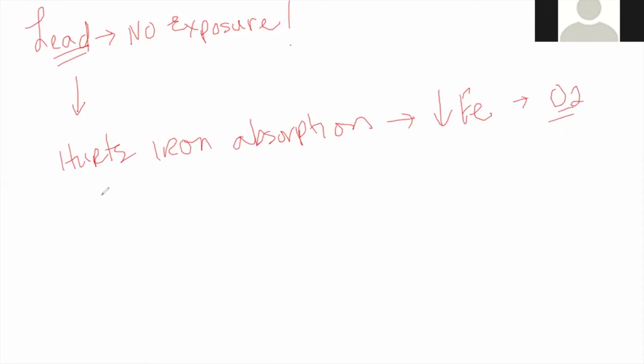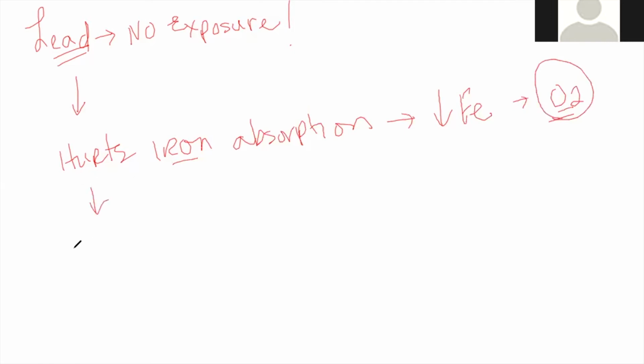So there are other things that lead is also going to affect. Some of the minerals. Iron is a mineral, and also calcium and magnesium, some important nutrients for brain function. But if it's affecting it here, what is going to happen?